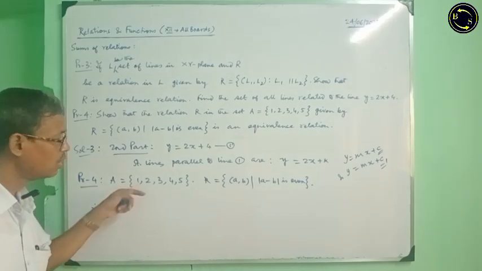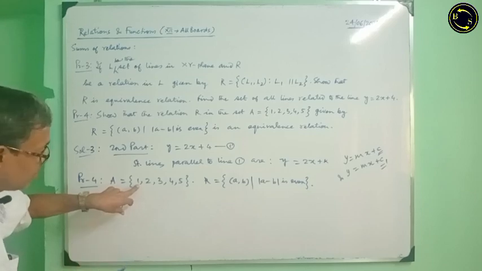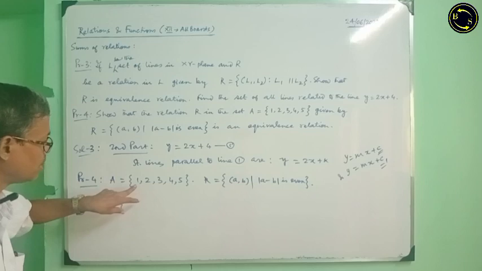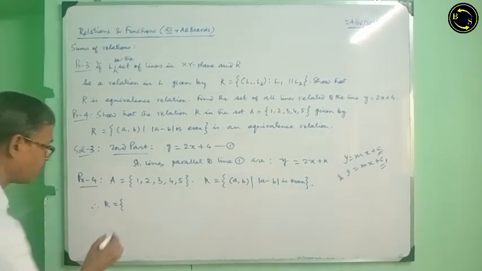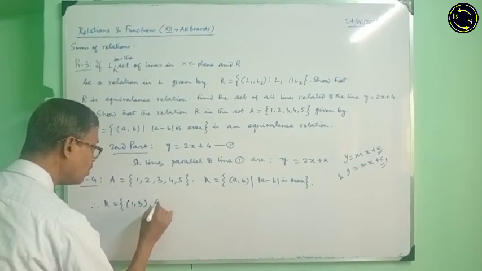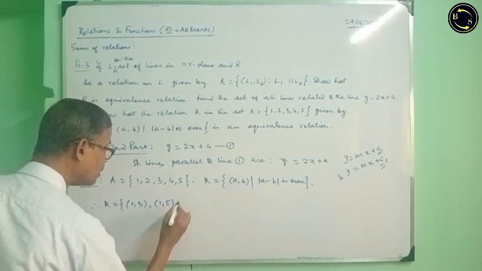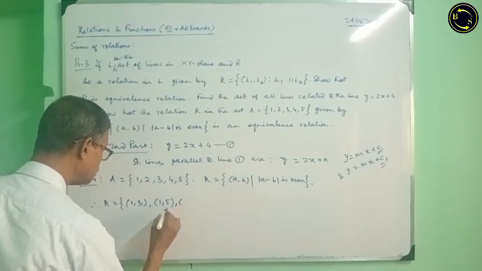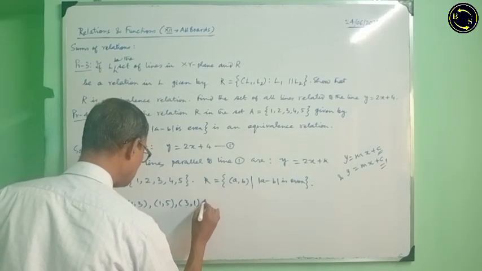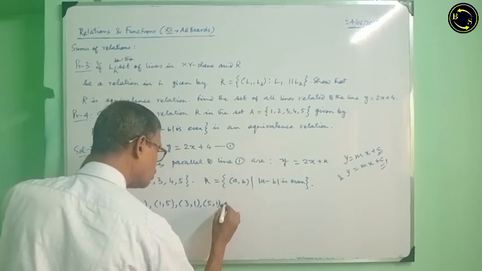First we consider the least value, that is 1. The difference is even, therefore we have to consider 3, 5 with 1. That means ordered pairs will be (1, 3), (1, 5), (3, 1), (5, 1), also (1, 1).